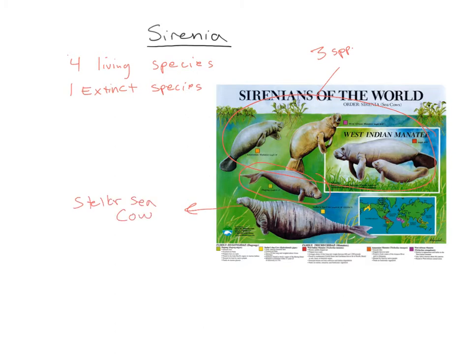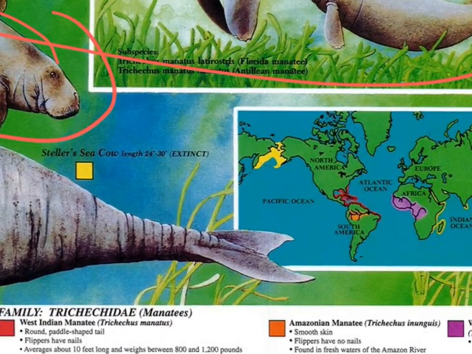And its problem was it is very big. It was very slow moving, and it was friendly to humans. And they would also form groups. And so they were very easy to kill and very delicious. And so they were just hunted. They lived up in the Bering Sea.